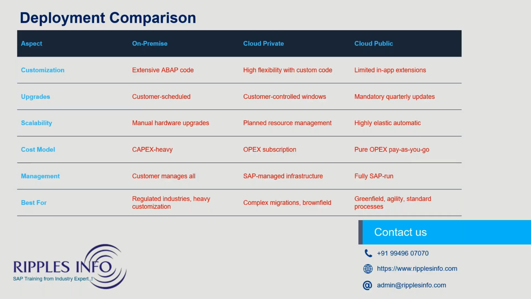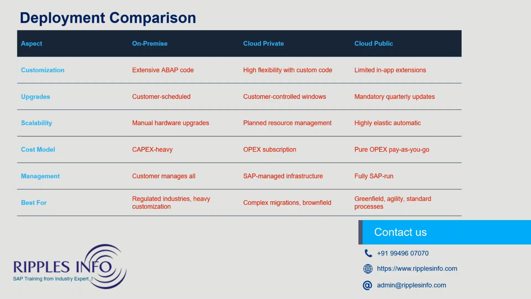So with the same kind of business scope and functionality, the difference is that if the customer opts for Cloud Private Edition, the infrastructure is managed by SAP. The customer need not worry about infrastructure maintenance; it's taken care of by SAP.